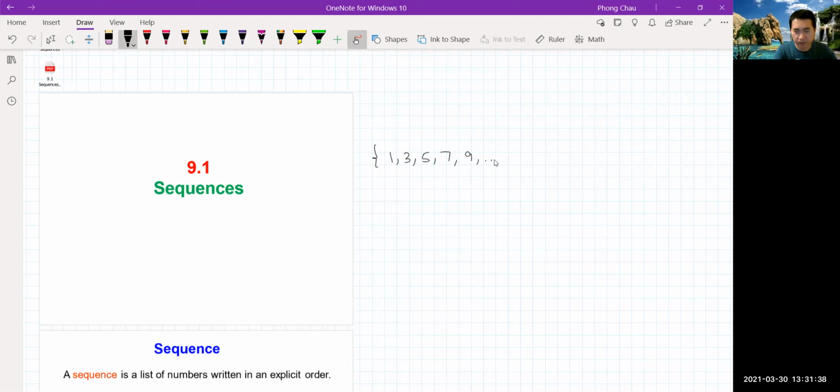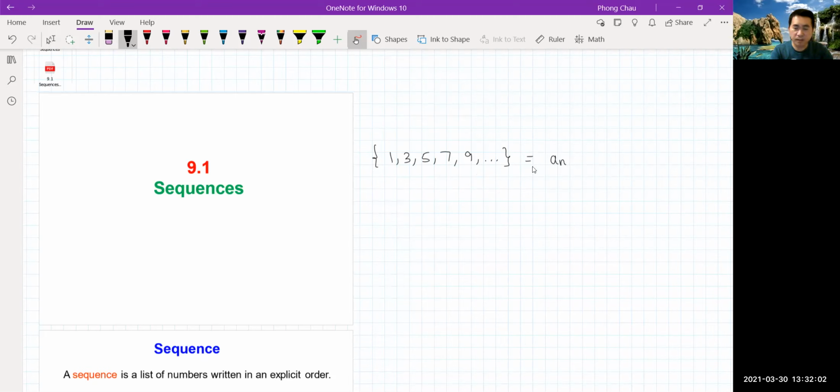You see, this is a list of numbers in a particular order, and in this case, it's actually the odd numbers. So we call this a sequence. In this sequence, we're going to give it a name. So let's say I call this a sub n.